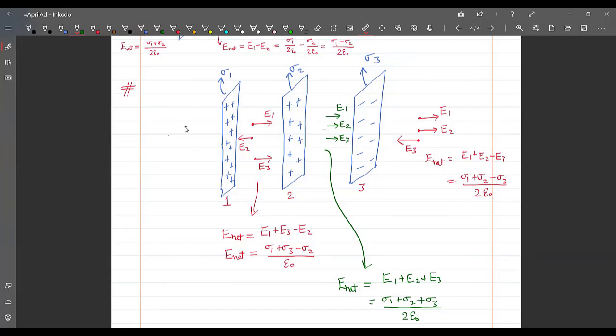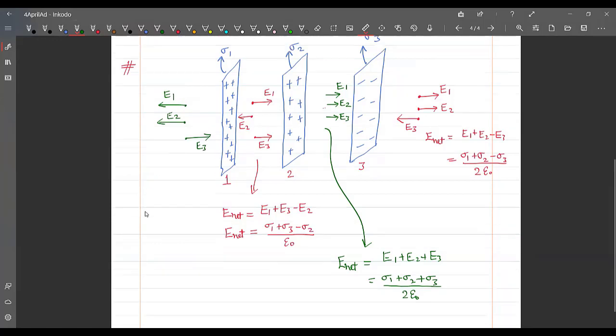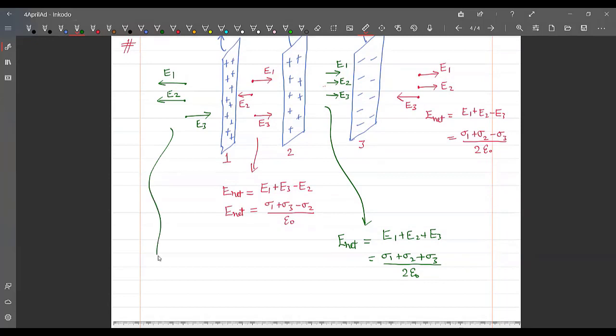If I talk about this region, E1 will be in this direction, leftwards, E2 will also be leftwards, but E3 will be towards right. So for this region, the value of E net is equal to sigma 3 minus sigma 2 minus sigma 1, whole divided by 2 epsilon naught.